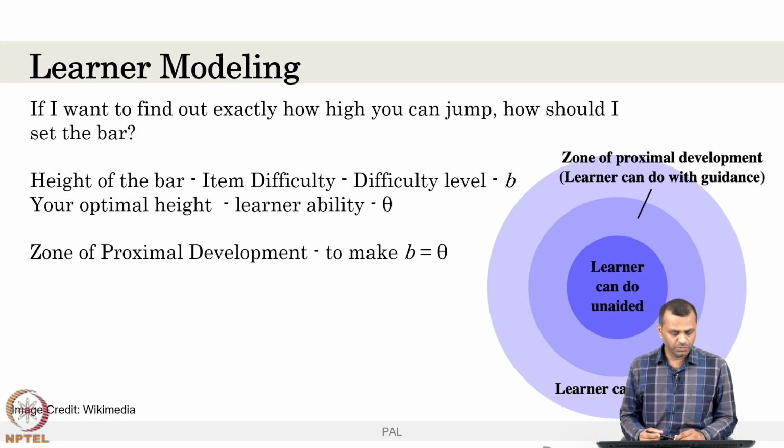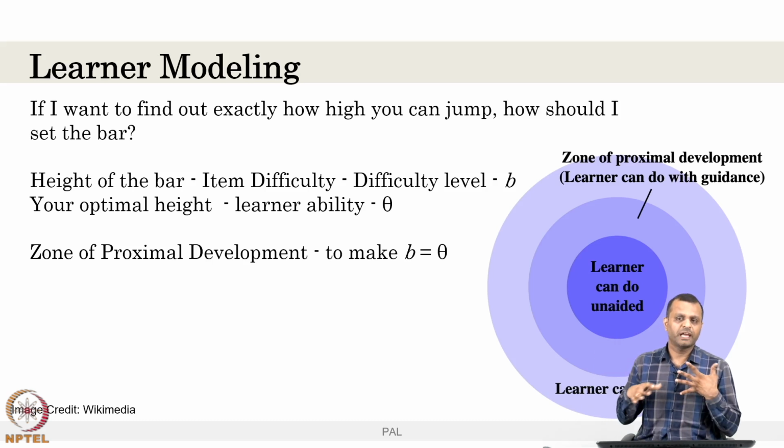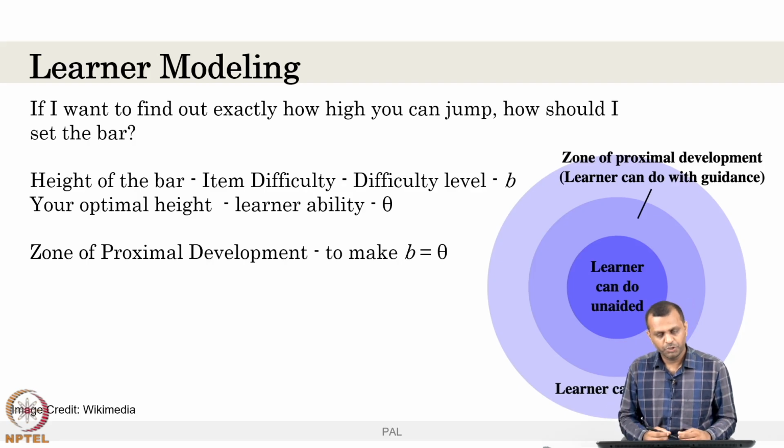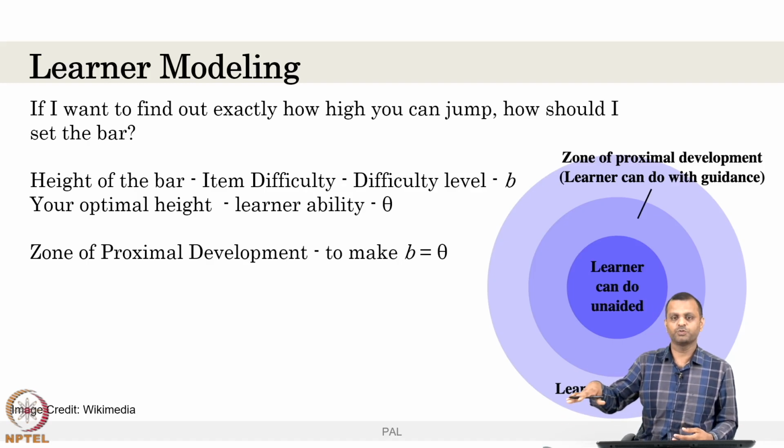So what would you do? The height of the bar is the item difficulty, and your optimal height, your ability to match, is theta. For example, the height of the bar is 3 meters and your ability is 2.8 meters. To find out, I would start with a very low height, say 2 meters.